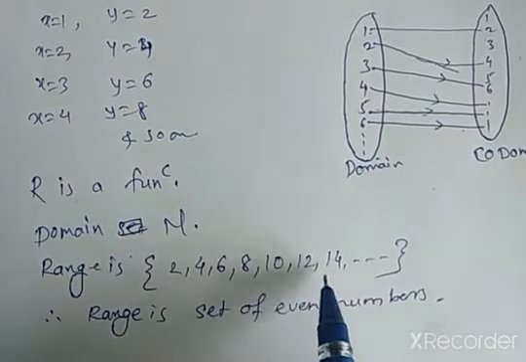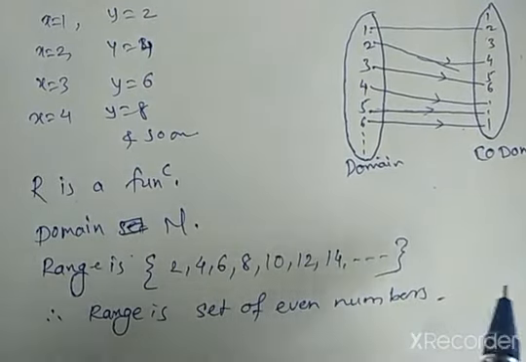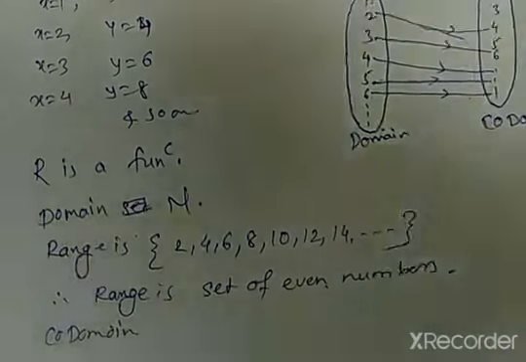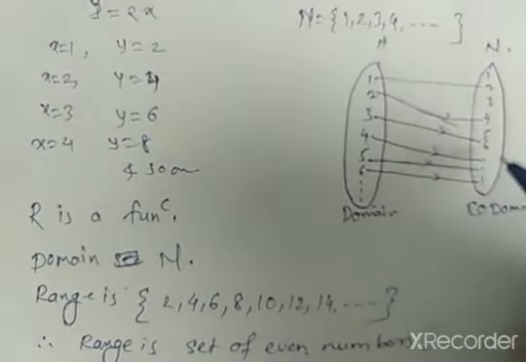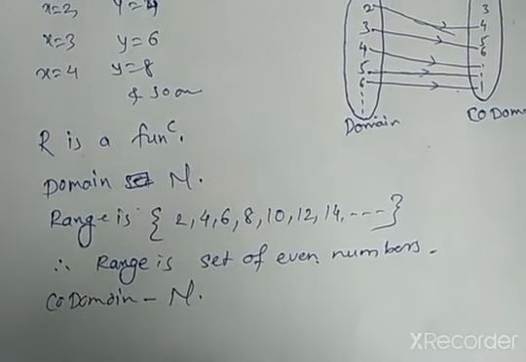So the range is the set of even numbers, and its codomain is again the set of natural numbers, because N is 1, 2, 3, 4, 5, 6, 7, 8, 9 and so on.